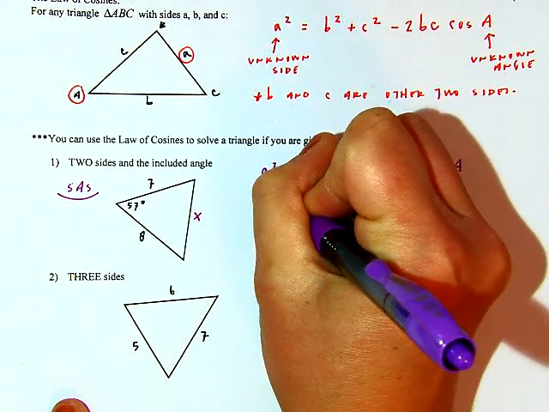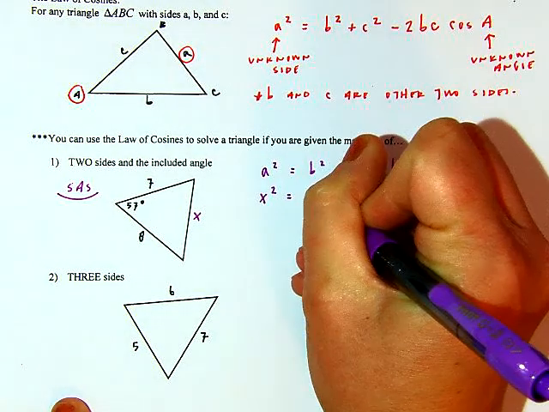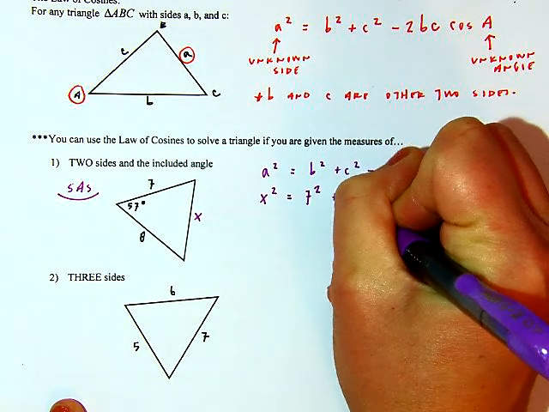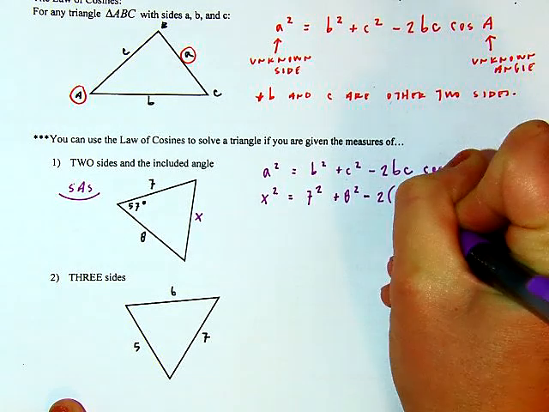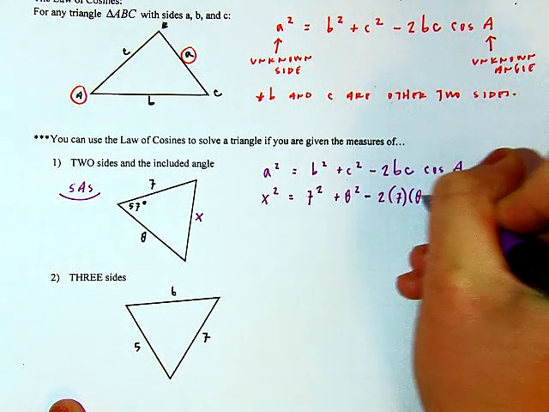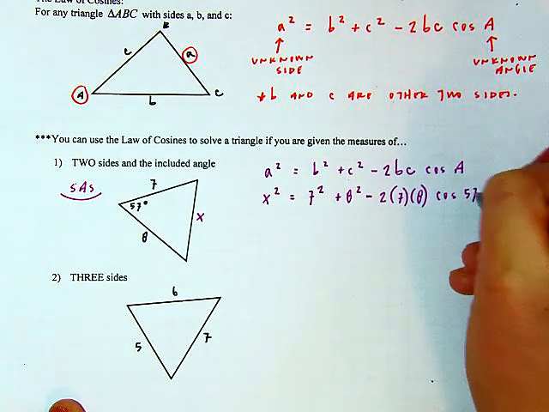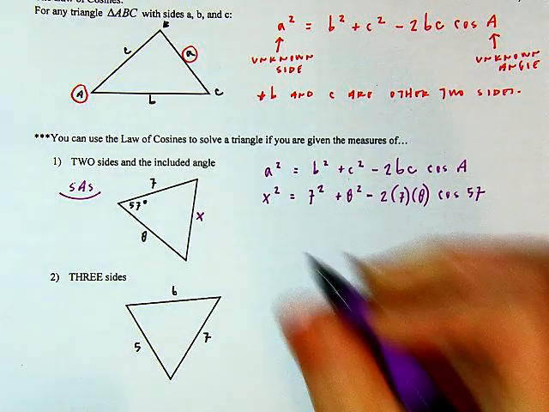So x squared equals, and the b and c are just the other two sides. It doesn't matter the order I put it in. So I'll say 7 squared plus 8 squared minus 2 times 7 times 8 times cosine 57. Now what's beautiful about that is that I can actually type all of that into my calculator.